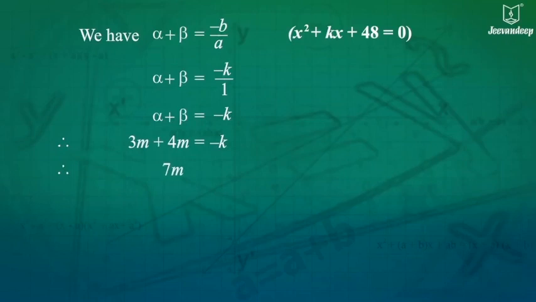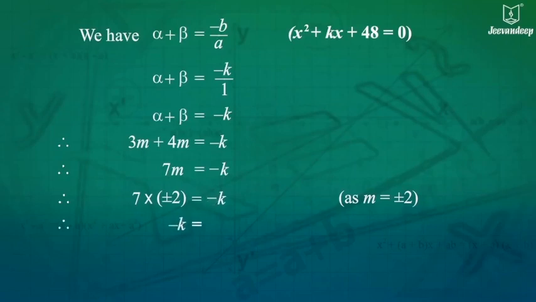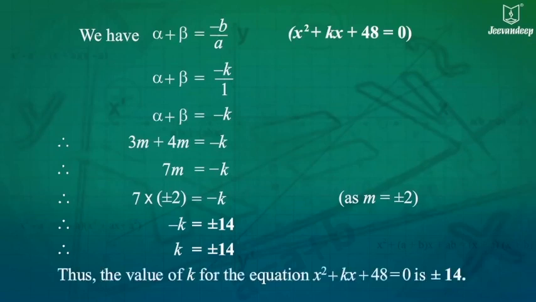Or 7m is equal to minus k. Or k is equal to plus minus 14. Thus, the value of k for the given quadratic equation is plus minus 14.